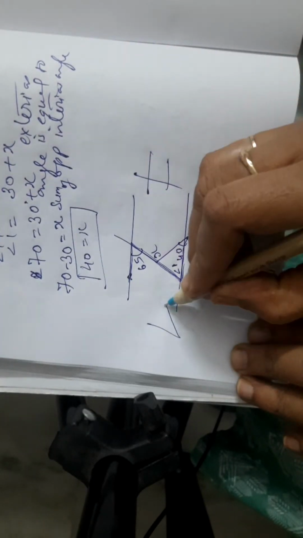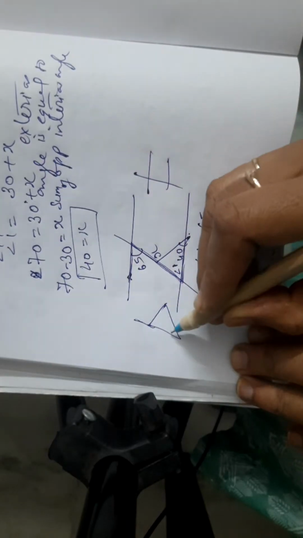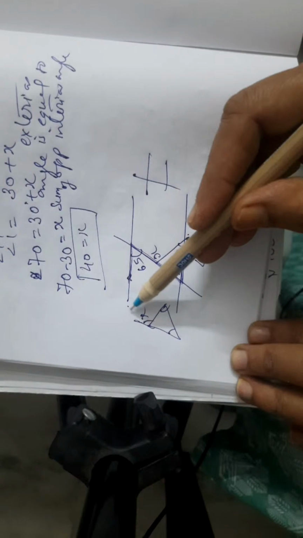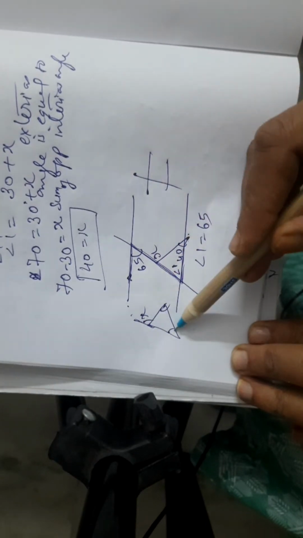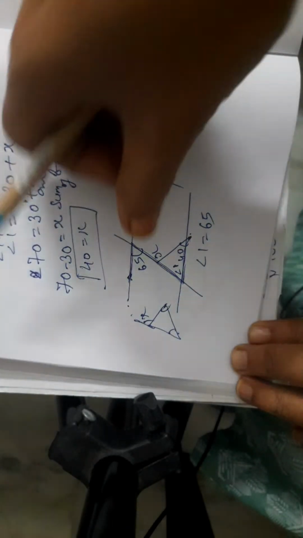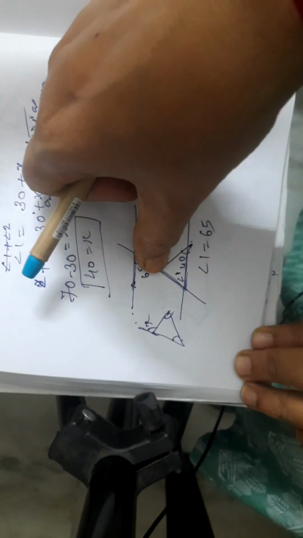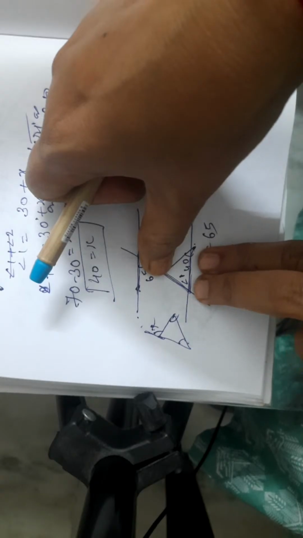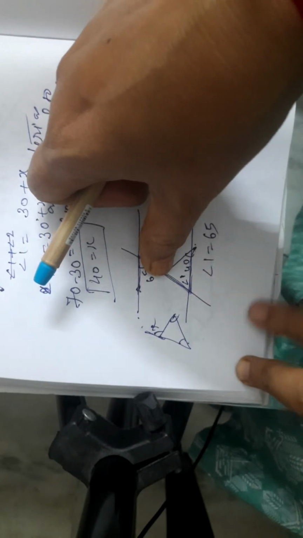In the triangle, if we know the two angles, this is the exterior angle, and it was already explained to you, the exterior angle is equal to the sum of opposite interior angles. Wherever the exterior angle is, there you need to close. The sum of the remaining two angles will be the answer for it.